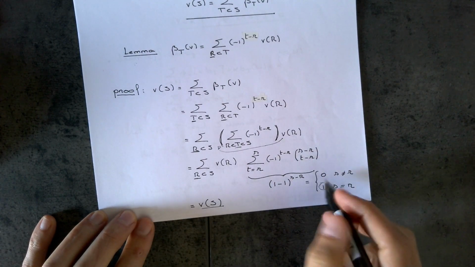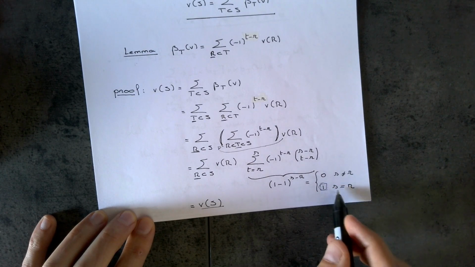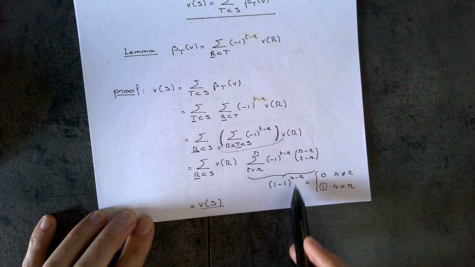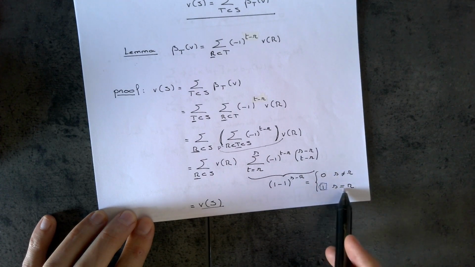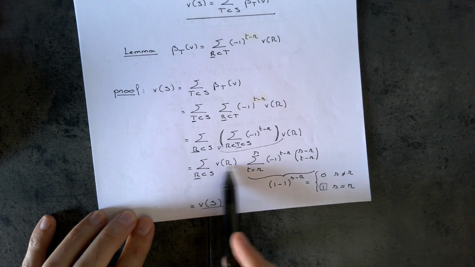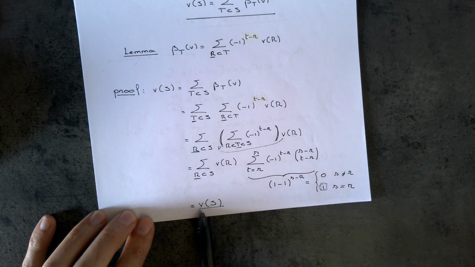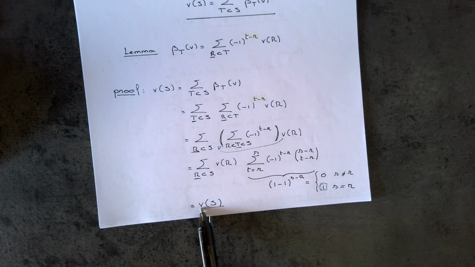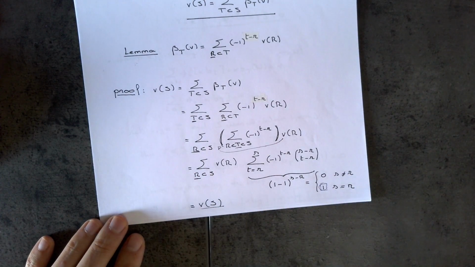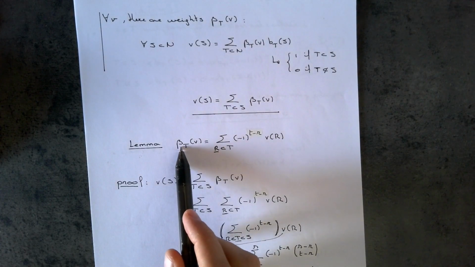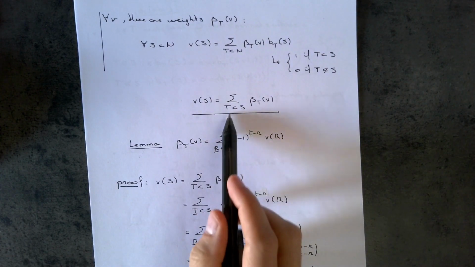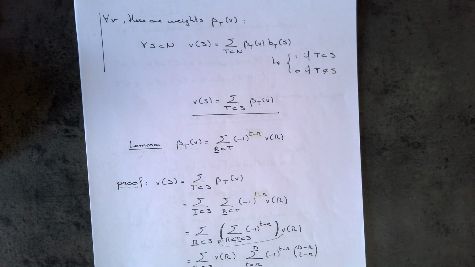So this indeed evaluates to the value of 1 in case S is equal to R. So all of these sums are going to be equal to 0, except for 1 when S is equal to R. And then if S is equal to R here, we obtain Vs times 1. So finally, the only term that's left is a term Vs, and indeed Vs is equal to Vs. So we see that if we put beta t equal to this value, then this expression is satisfied.